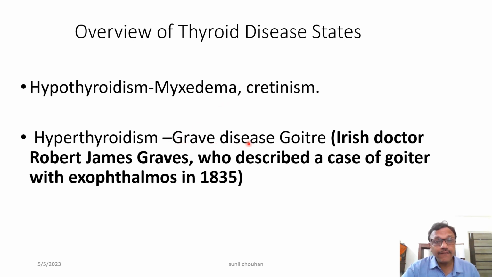Now Graves' disease happens in the adult. There is an increased amount of T3 and T4 production, and it is Graves' disease. The name is given because of the scientist Robert James Graves, who described a case of goiter with exophthalmos in 1835.